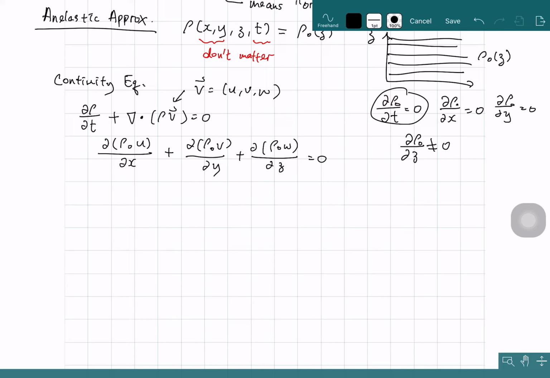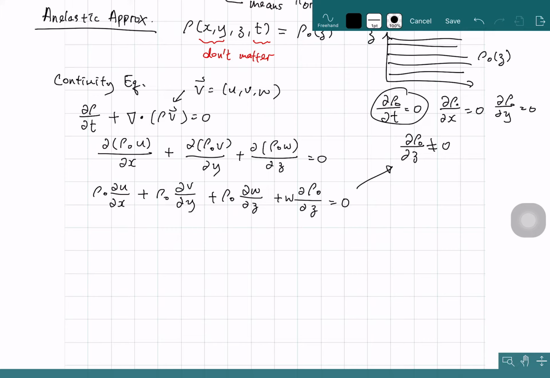Okay, and then what do we have? You can refer to what we have written on the right.